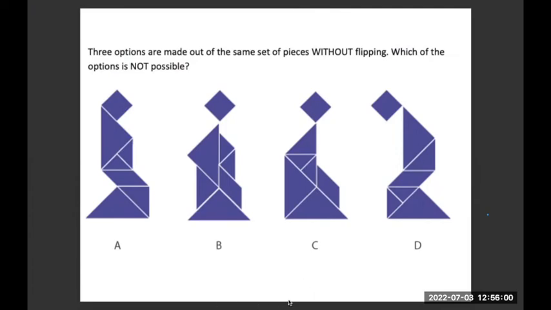Anybody else agree, disagree to this? Okay, what she's saying is कि यहाँ का जो rhombus है, that is flipped compared to the other pieces. Does everybody agree with this? Yes.